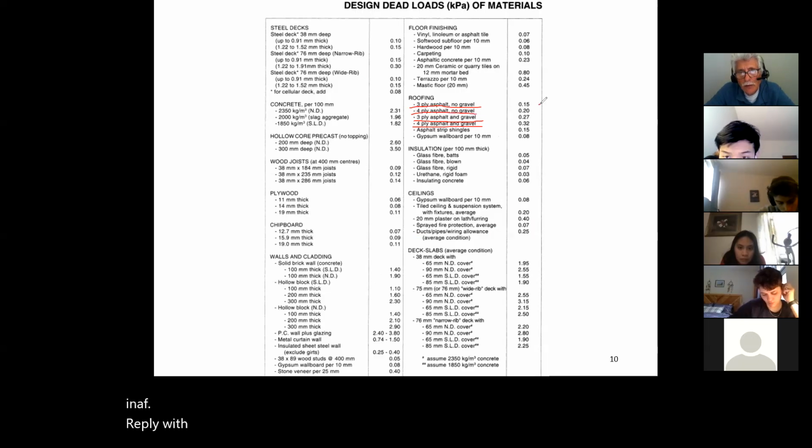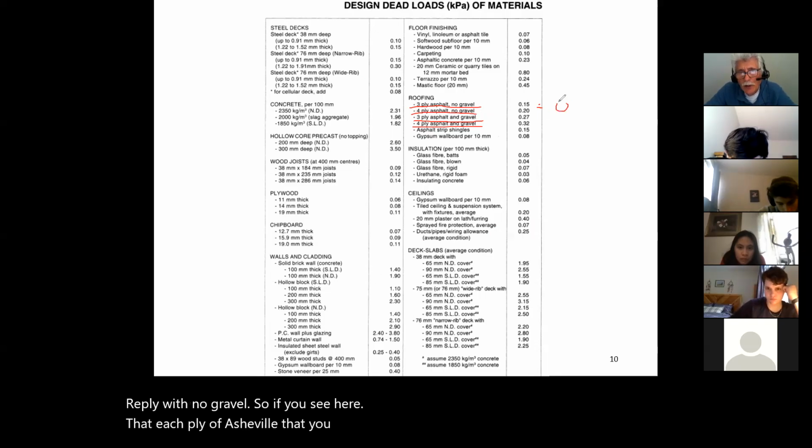So you see here that each ply of asphalt that you put down increases it by 0.05 kPa.